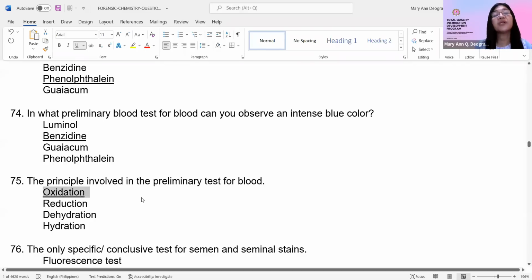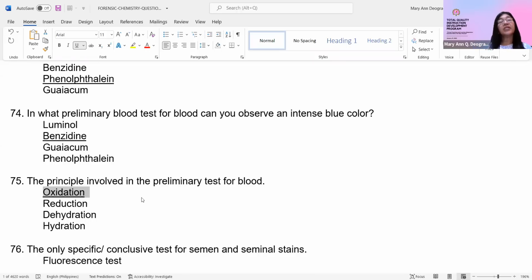So, yung hydrogen peroxide means more oxygen. Sa benzidine, add a few drops of benzidine plus hydrogen peroxide. Sa phenolphthalein, add phenolphthalein and hydrogen peroxide. Sa guaiacum, guaiac plus hydrogen peroxide. Okay. Leucomalachite plus hydrogen peroxide. Bakit? Kailangan niya ng oxygen.